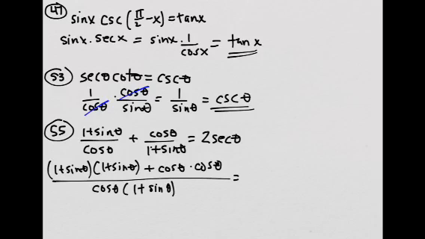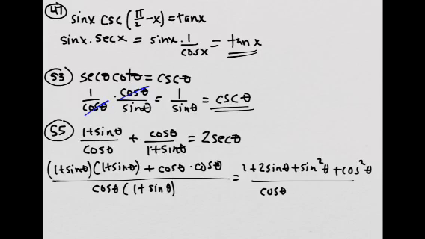So now I have distributive property on the first two factors, so 1 plus 2 sine theta plus sine squared theta. And then this is plus cosine squared theta, right? Cosine times cosine. All over cosine theta times 1 plus sine theta.